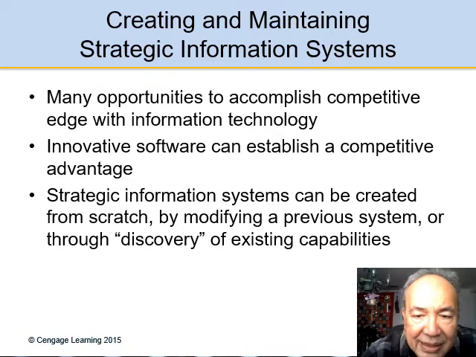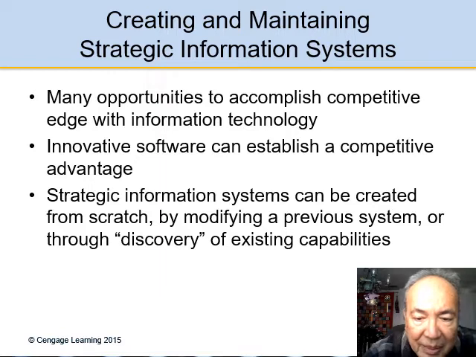Creating and maintaining strategic systems. Now, how do you create and maintain strategic systems? Okay, so there are many opportunities to be able to do that. Remember always the word competition. Always the word competition. Okay.